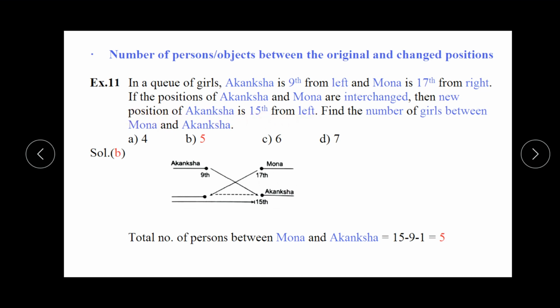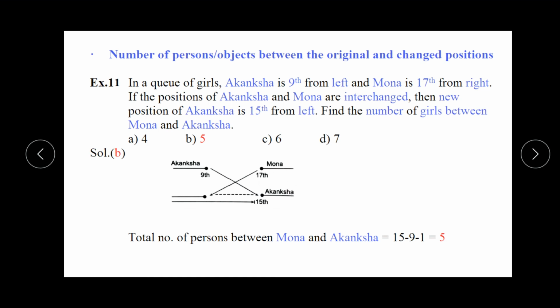Now we have two positions of Akanksha. The old position is 9th from the left side and the new position is 15th from left side. Find the number of girls between Mona and Akanksha.